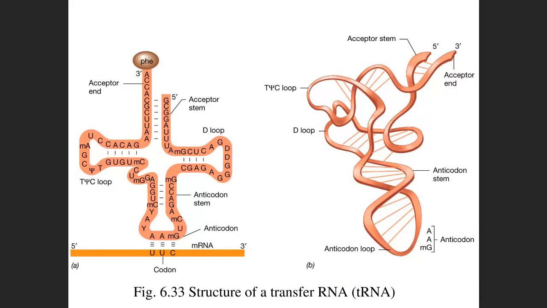It relies on the transfer RNA, the tRNA, especially the anticodon of the tRNA. You have 20 amino acids, so you have at minimum 20 tRNAs. One tRNA has one anticodon that matches the codon.